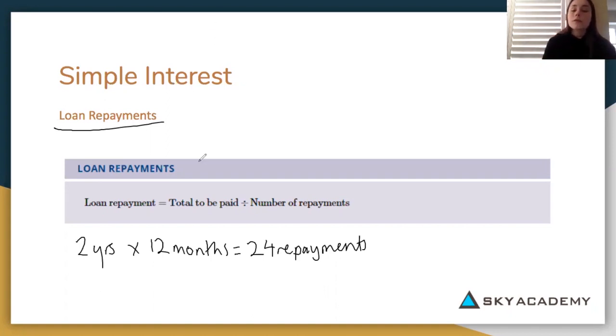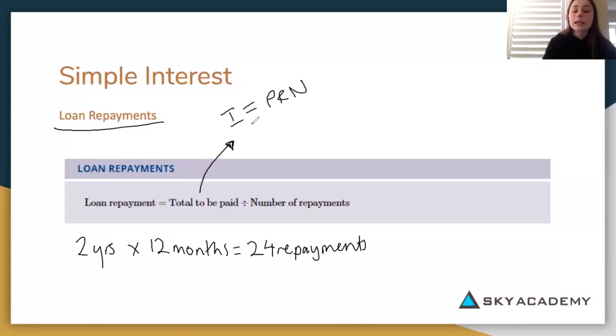So if you had a look at our previous video, we talked about calculating the total to be paid. We looked at the simple interest formula, which is I equals PRN.